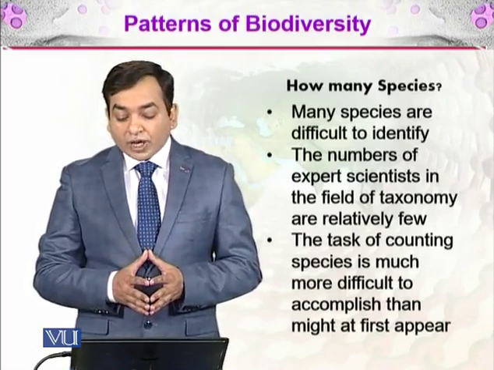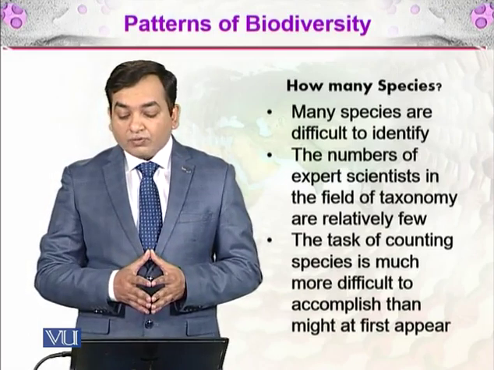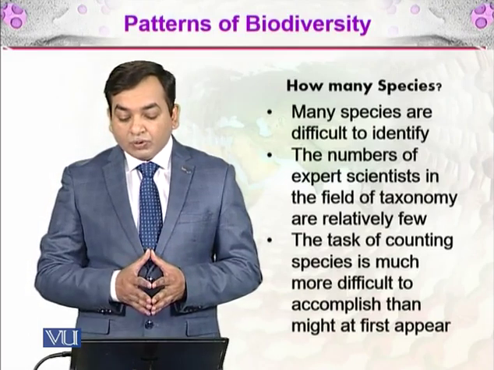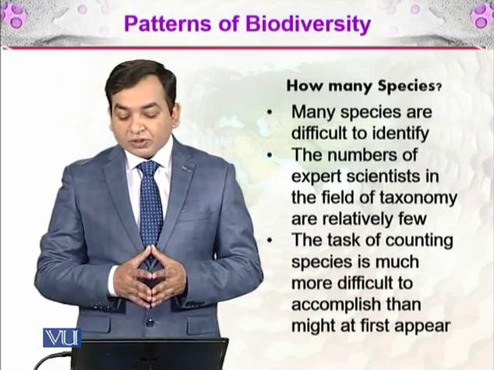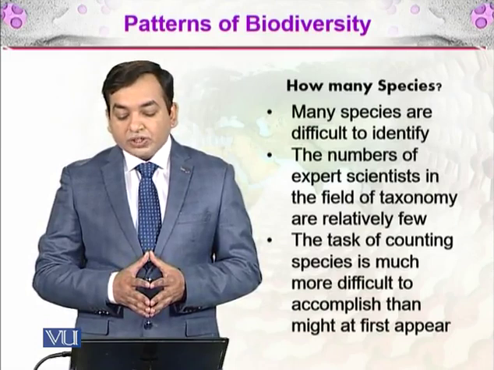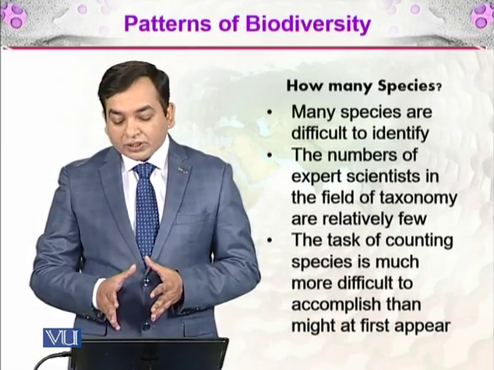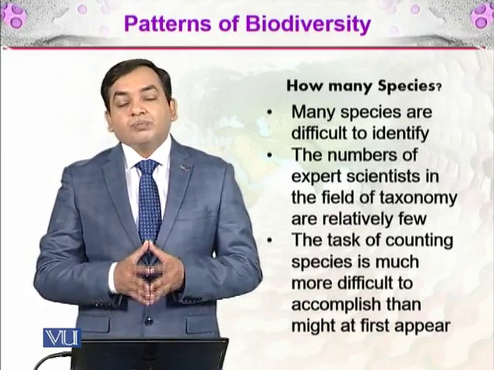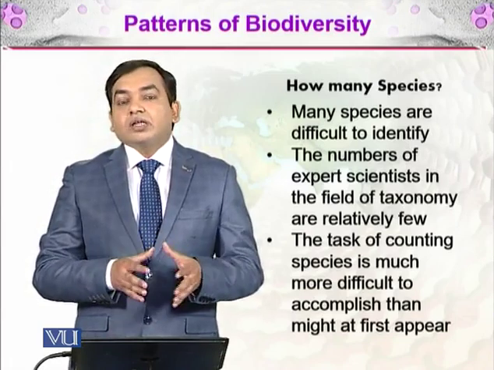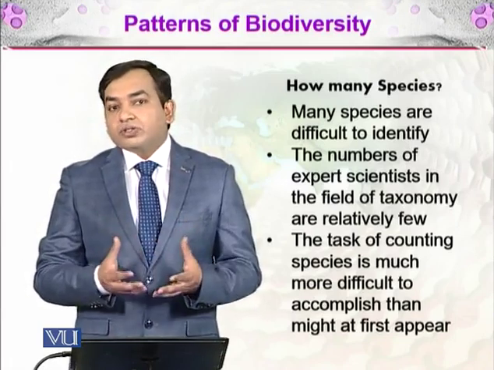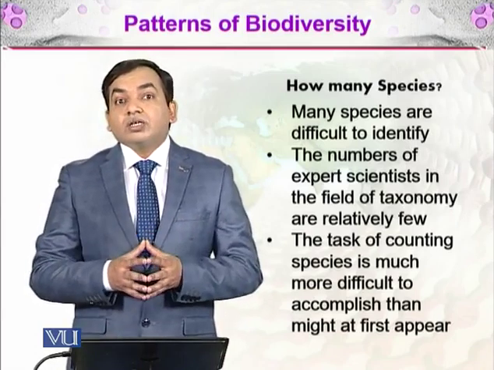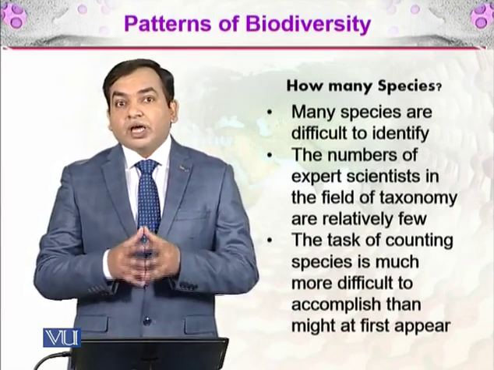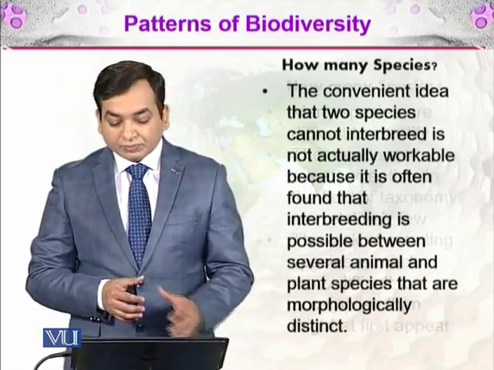The number of expert scientists in the field of taxonomy is relatively few, and the task of counting the species is much more difficult to accomplish than might at first appear. It looks easy to count the different species, but this task is much more difficult than it first appears.